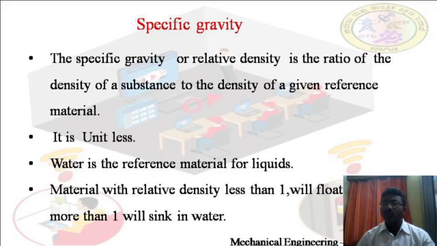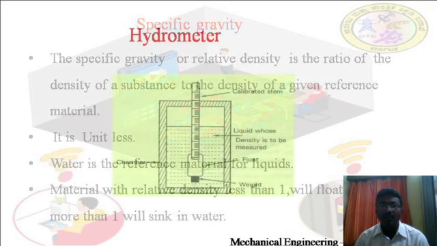Whereas when the relative density of a material is more than 1, the material is more dense than water and it will sink in the water. That is about specific gravity. Next we shall see about the hydrometer.